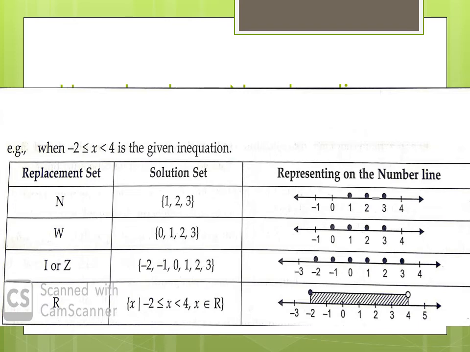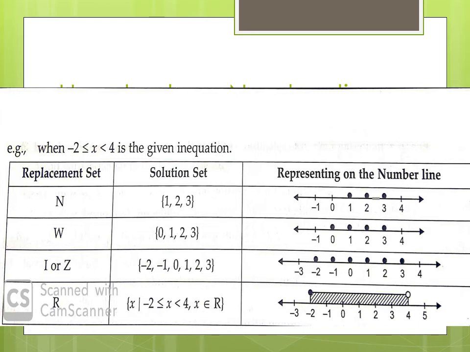Now if you observe, x lies between -2 and 4, so what numbers does it contain? If we only take the whole part, it is -2, -1, 0, 1, 2, 3, correct? But when the replacement set is given as natural numbers, we cannot take -2, -1, 0 because they don't belong to natural numbers. So our solution set will be only 1, 2 and 3. We'll not consider 4 as x is less than 4.